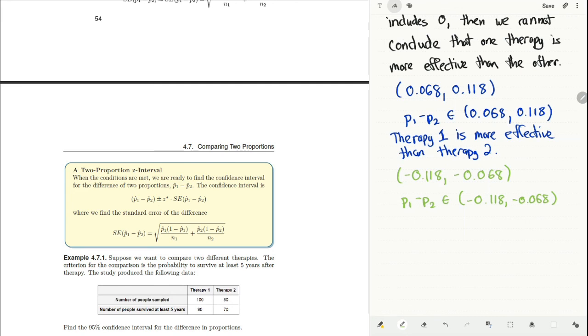And so this tells us that one of the proportions, again, is larger than the other. And if P1 minus P2 is negative, then this tells us that P2 is larger than P1. So in this case, what we would conclude is that therapy 2 is more effective than therapy 1.